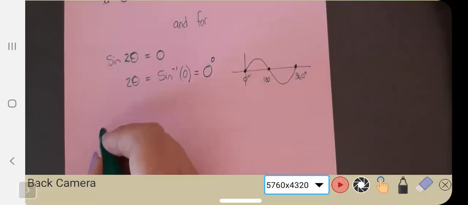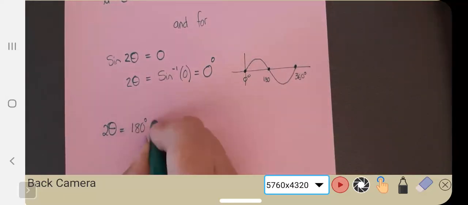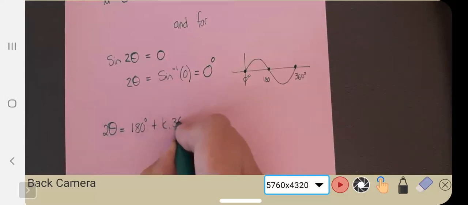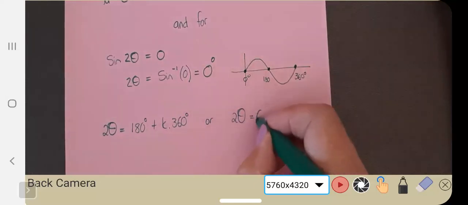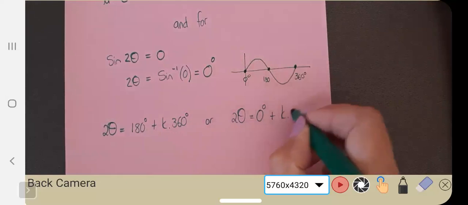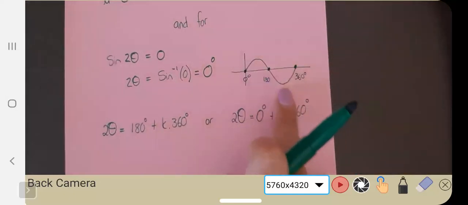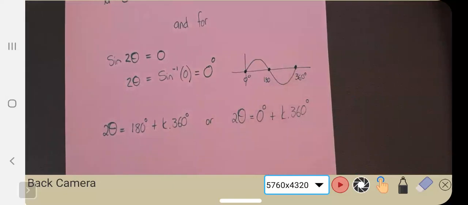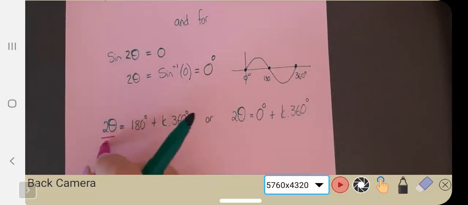So you say 2 theta will be equal to 180 plus k times 360, or 2 theta will be 0 plus k times 360. This 360 is because the sine graph completes in 360 degrees. But I'm still using 2 theta, so now you need to divide all the degrees by 2.